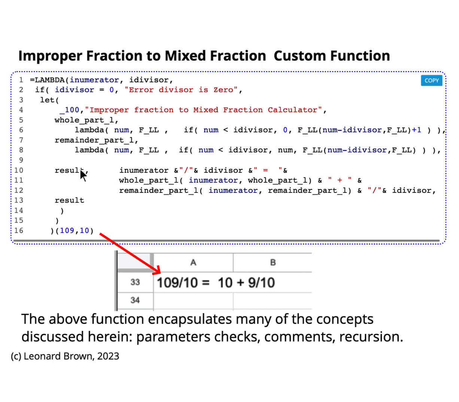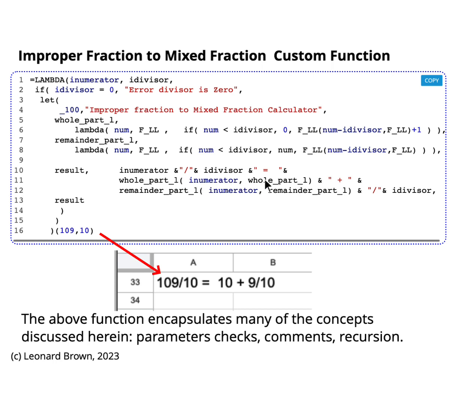And then what I do is I'm going to create a string via concatenating a bunch of variables together. So I take I numerator, concatenated with a slash divisor, which is this part of the string, concatenated with equal, and then I have the whole part function, which I call, and if you notice, whole part is a parameter to this function.